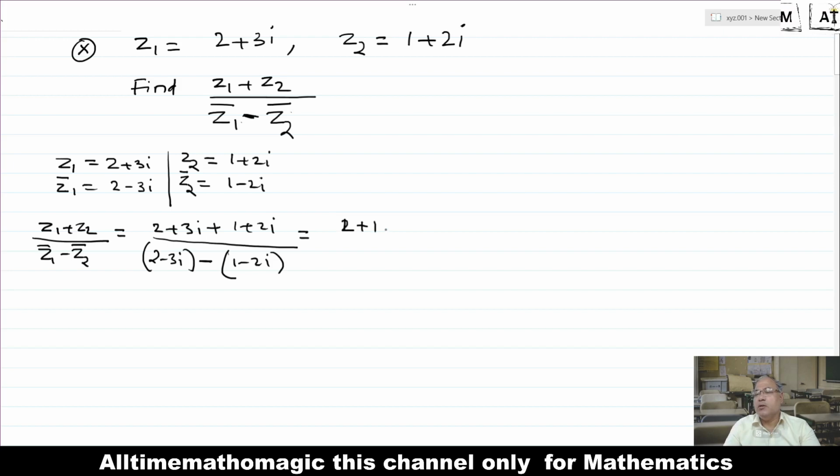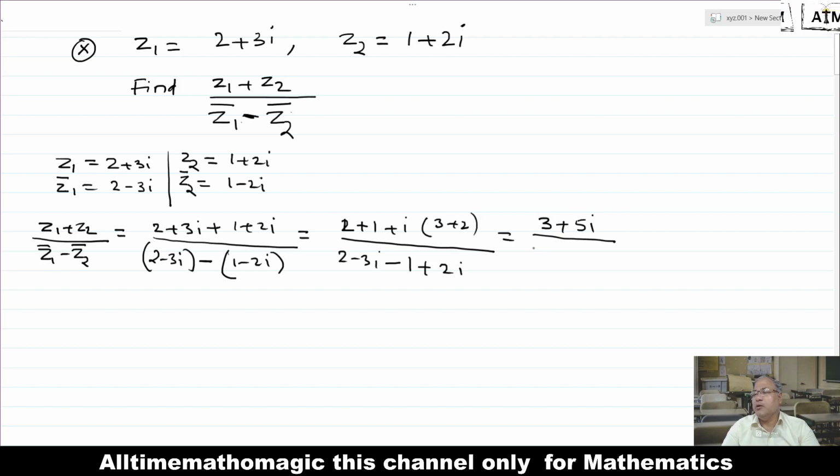That equals 2 plus 1 and i common 3 plus 2 upon 2 minus 3i minus 1 plus 2i, which equals 3 plus 5i, and in the denominator 2 minus 1 plus i common minus 3 plus 2, that is 3 plus 5i upon 1 minus i.